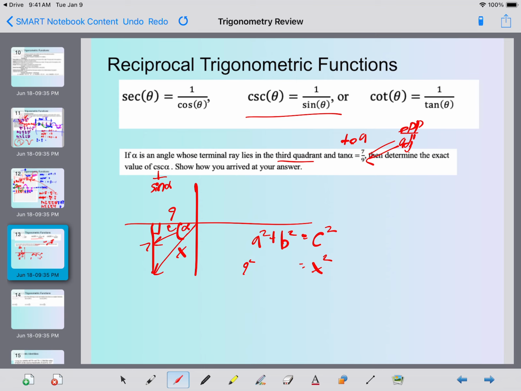So 9 squared plus 7 squared equals x squared. 9 squared plus 7 squared is 130. Take the square root of both sides. It's not a nice number. Let's check if there's a perfect square in there. No perfect squares. So x is radical 130.